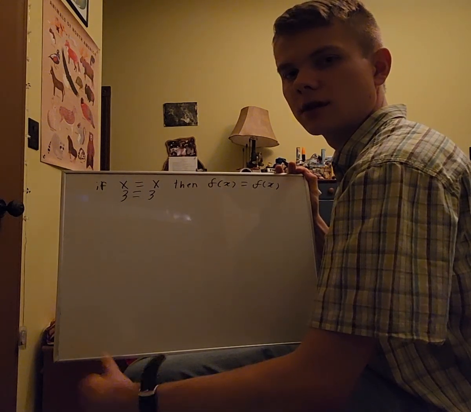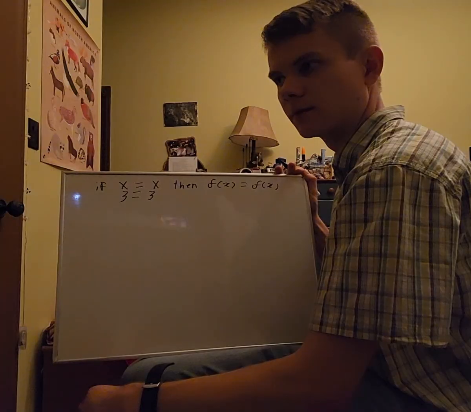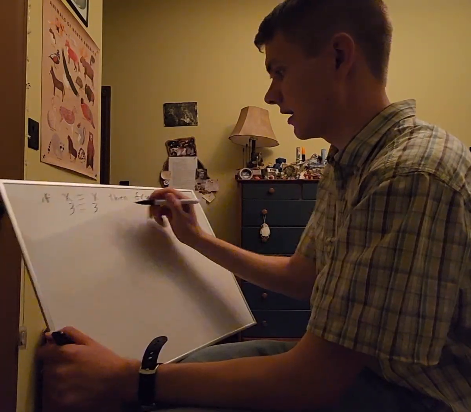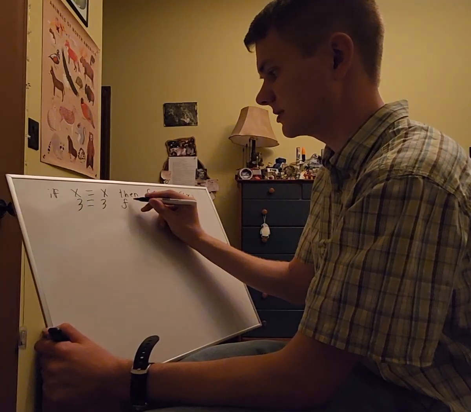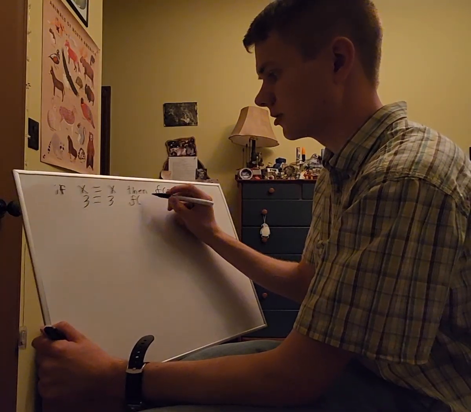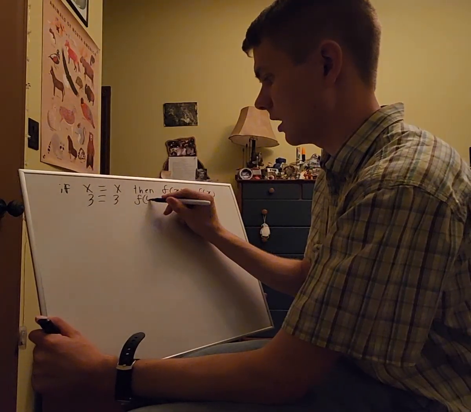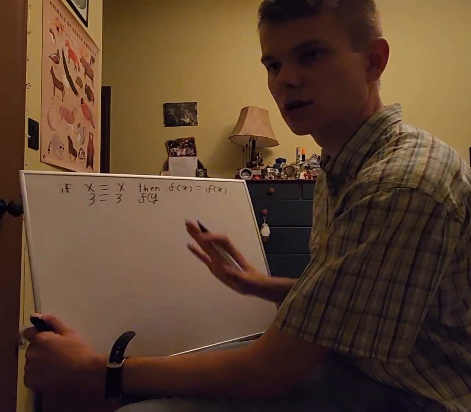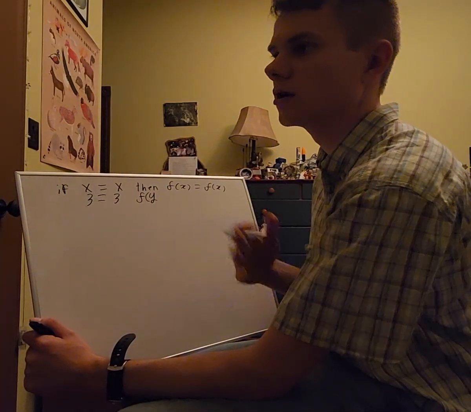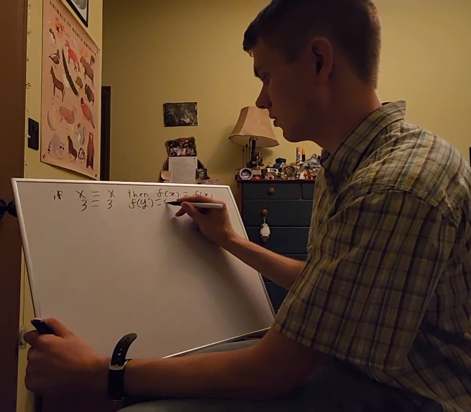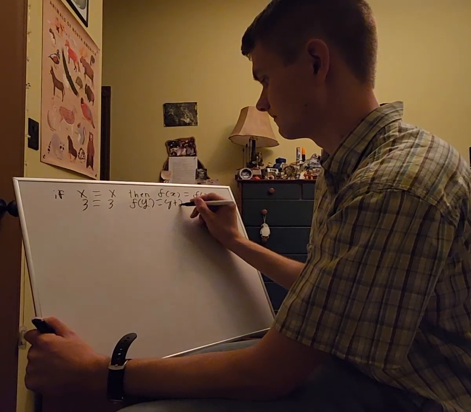Then 3 plus 2 is 5, so 5 equals 5. Another way of saying that is I've got this function f, and for simplicity, it takes in some parameter, and we'll call this parameter y. So f(y) equals y plus 2.